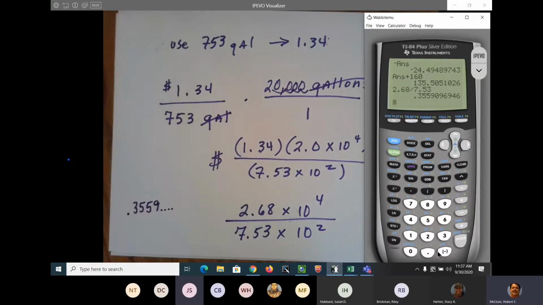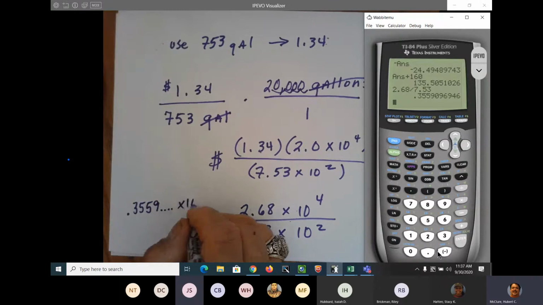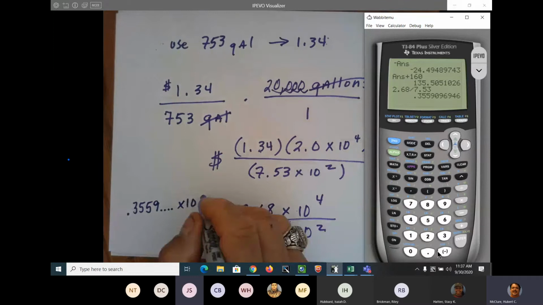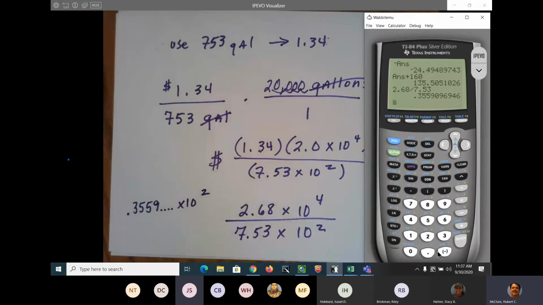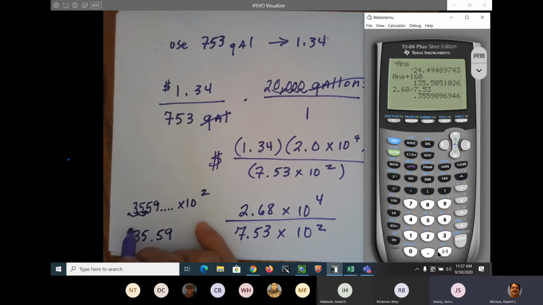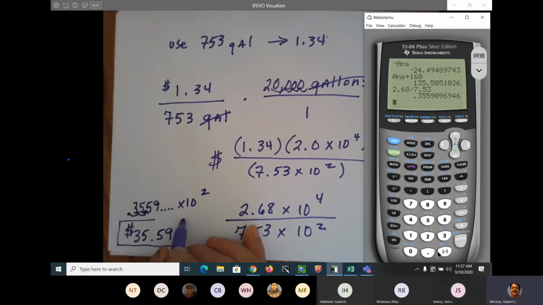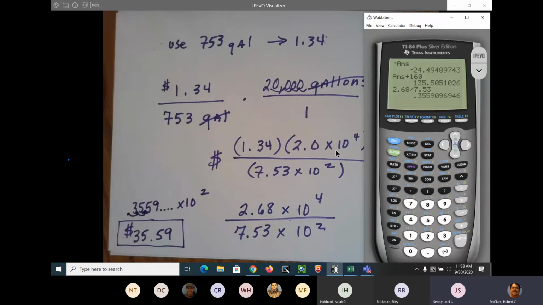Times 10, what's 4 minus 2? To the second. And I'm just going to move that decimal 2 places to the right. I get $35.59. Let's check and see. $35.59.